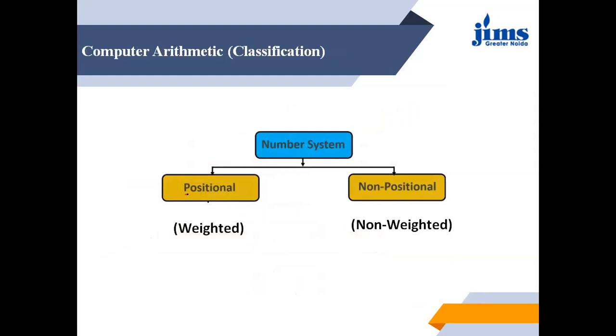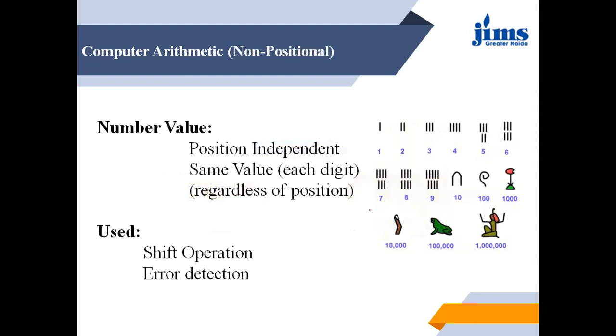The positional number system is also called the weighted number system, whereas the non-positional number system is also called non-weighted. So we divide number systems on the basis of positional and non-positional.